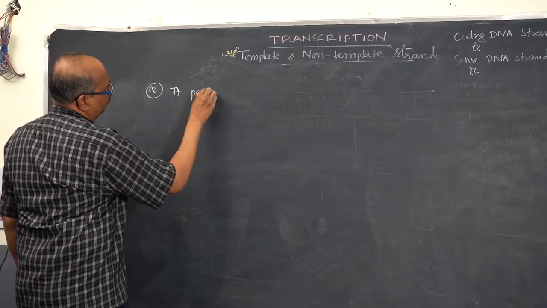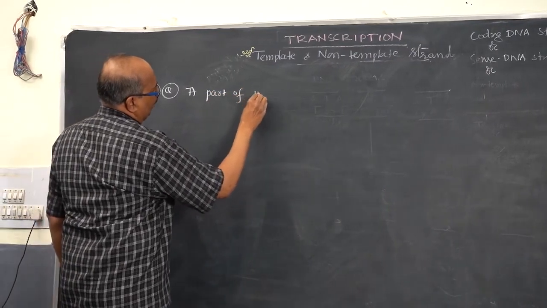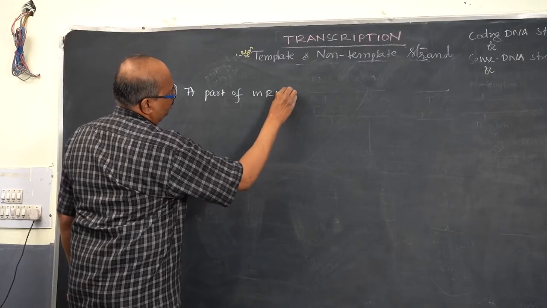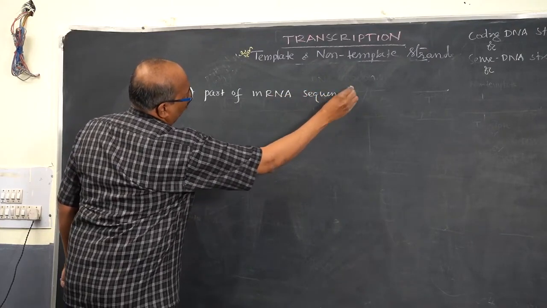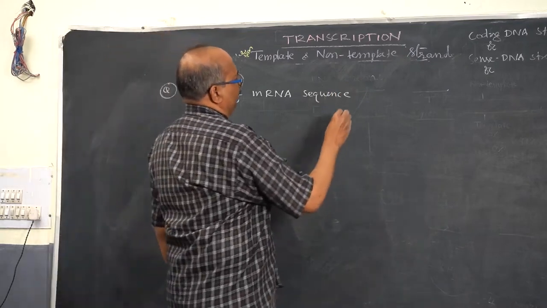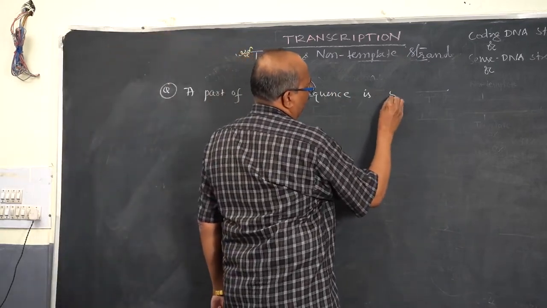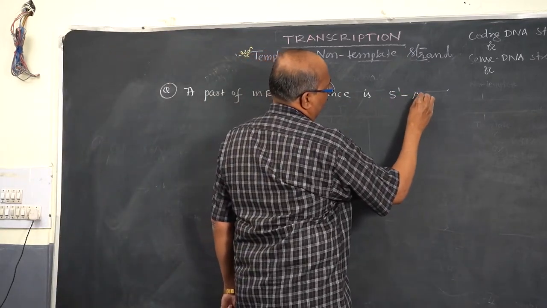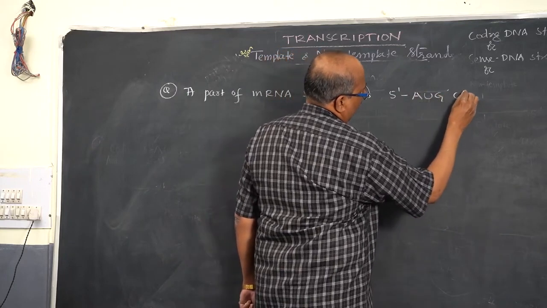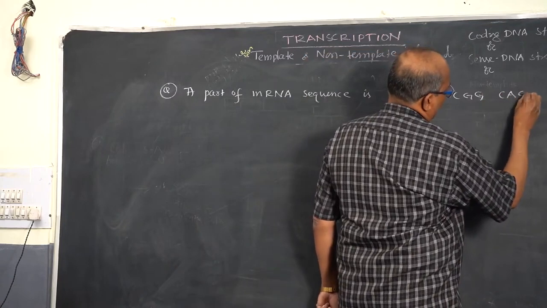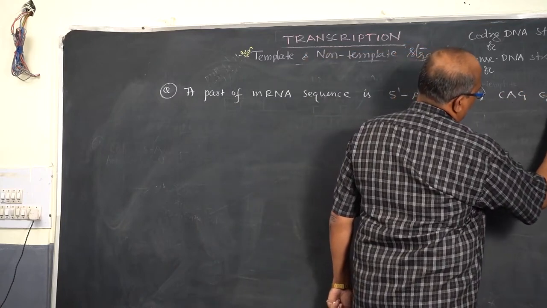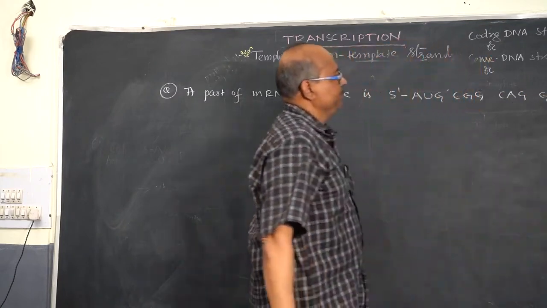A part of mRNA sequence. So I am not writing the total, but I am just putting a small portion of that. Is 5 prime AUG CGG CAG GUC 3 prime.